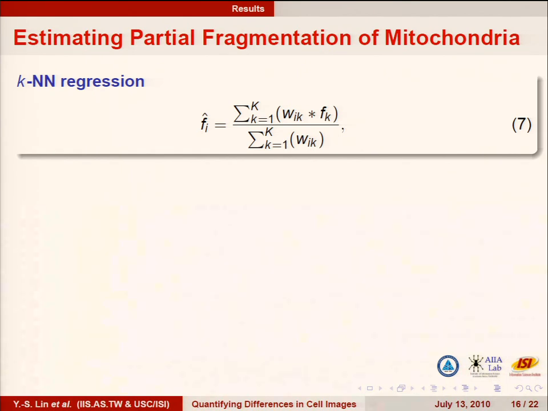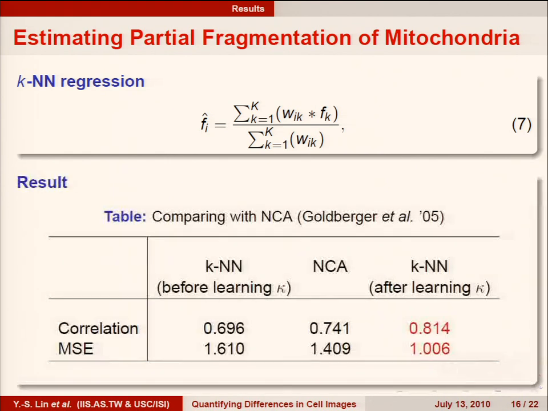And the idea here is that given a new single cell image with mitochondria, you just place the image in the feature space and compute the average of its neighbors' percentage of fragmentation, and you can estimate how many percent of the mitochondria in this cell image is fragmented. And so this is just a k nearest neighbor regression.